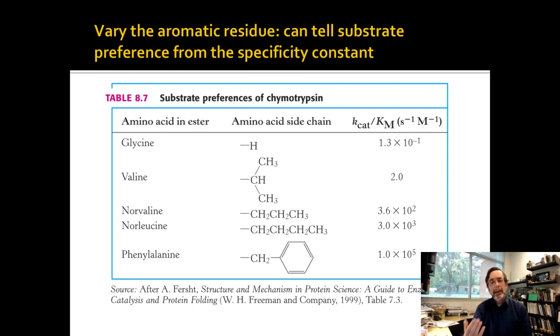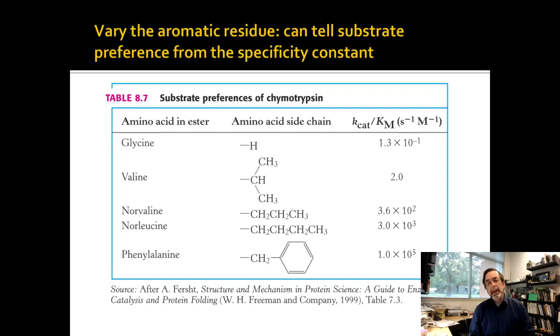The Kcat/Km for having a phenylalanine in that pocket is 1 times 10 to the 5th. But then you can say, I can substitute these smaller, you can sort of melt that down, and say, as I get it smaller and smaller, if I bring it all the way to glycine, my Kcat/Km goes all the way down to 0.13. If I bring it down to valine, it's 2 in these units compared to 10 to the 5th.